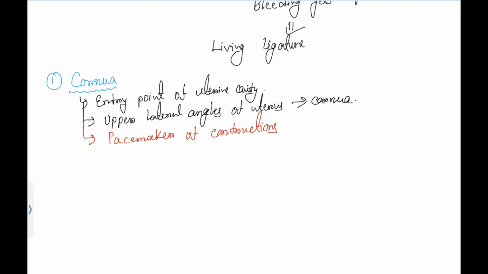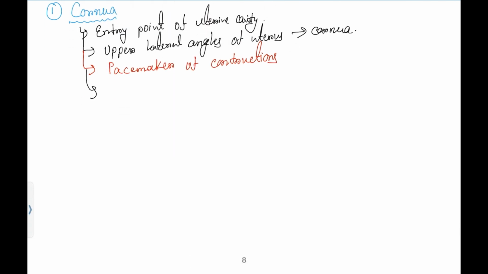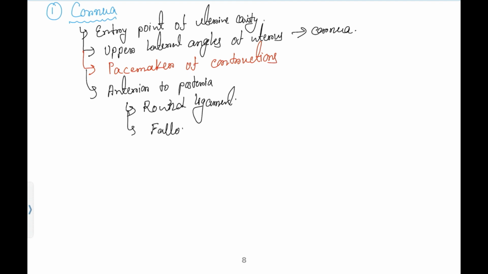Okay, and 3 structures are attached here at the cornua, from anterior to posterior: the round ligament, then the fallopian tube, and the ovarian ligament.